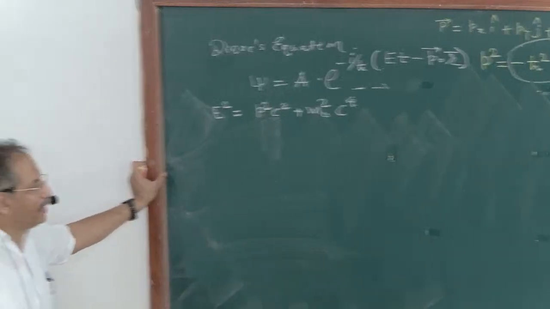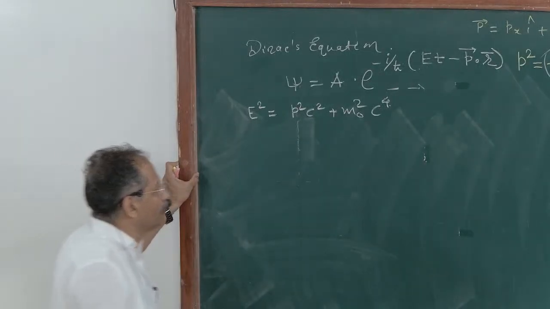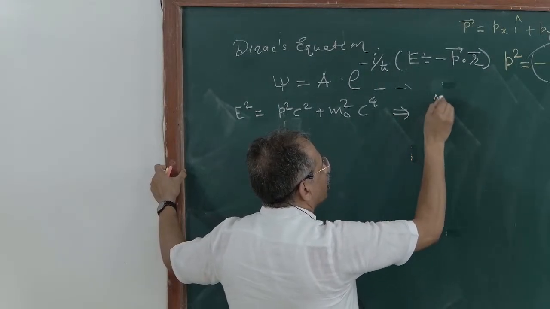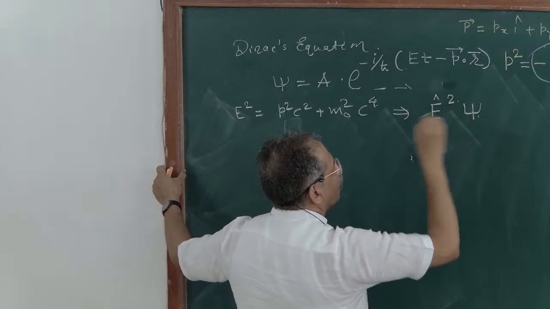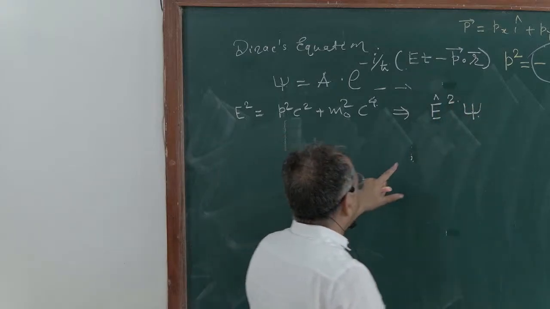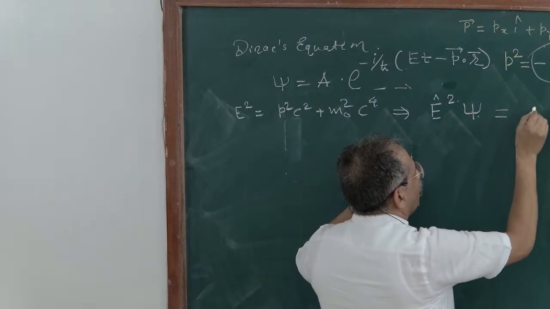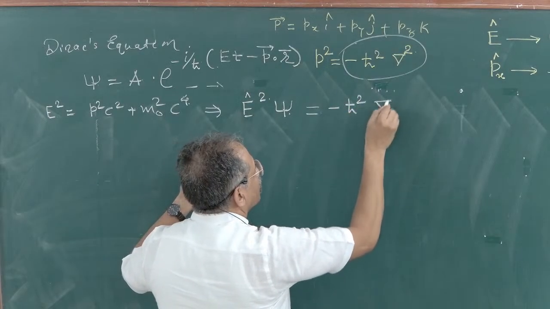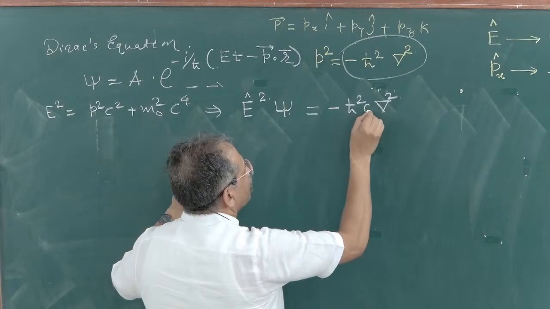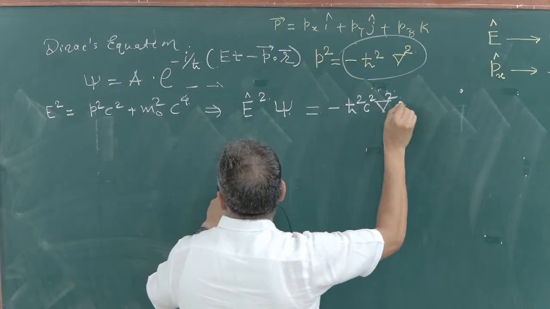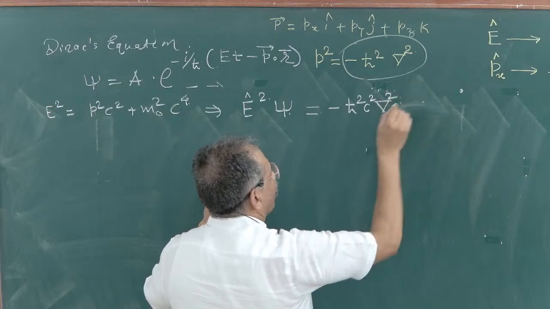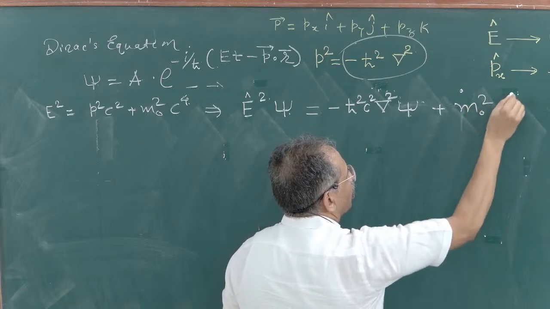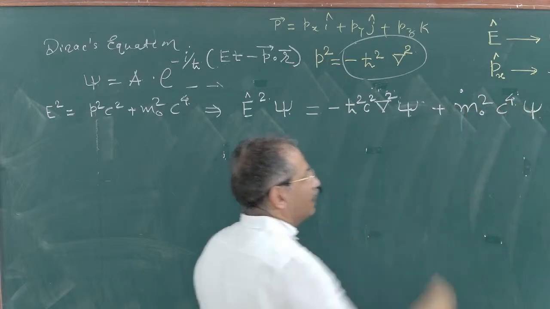Now we want to employ this for quantum mechanics, and I am rewriting this as energy operator E cap square operated on wave function psi, that is equal to p, that is minus h cross square del square multiplied by c square plus m0, this is to be operated over wave function psi plus m0 square c to the power 4 operated on wave function psi.